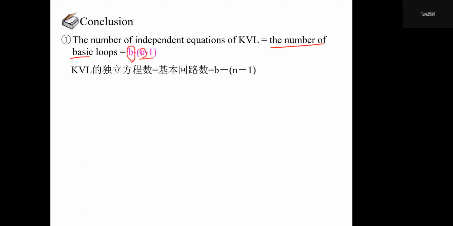N is the number of the nodes in the circuit. So once we have a circuit, we can count how many nodes it has, and how many branches it has, then we can reach this conclusion that the number of the independent KVL equations could be calculated by using this formula.